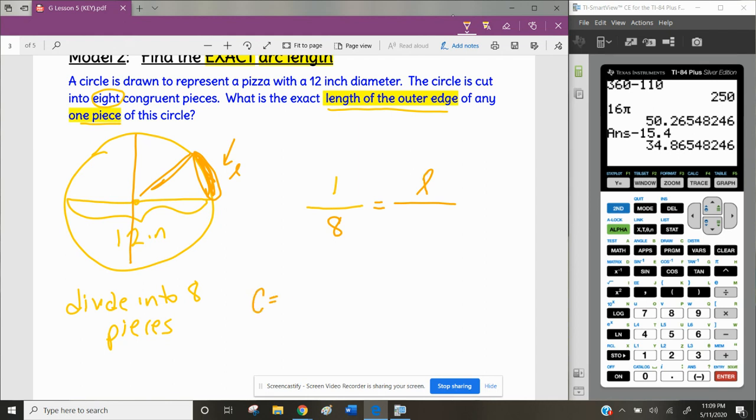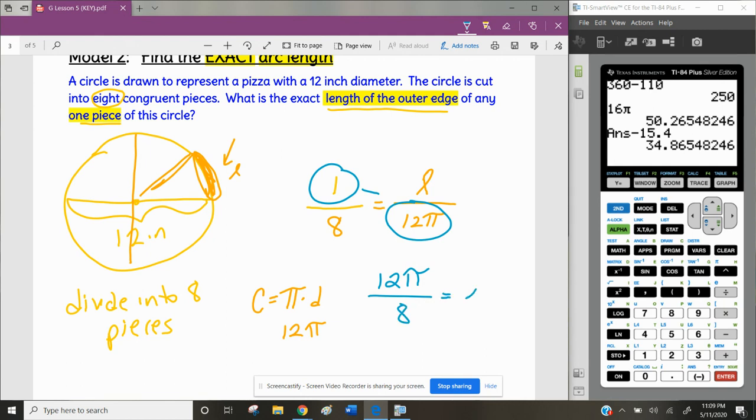So our full circumference would be pi times d. Since they gave me a diameter, that would be 12 pi. And to solve this proportion, we cross multiply, or to get L by itself, we would multiply both sides by 12 pi.